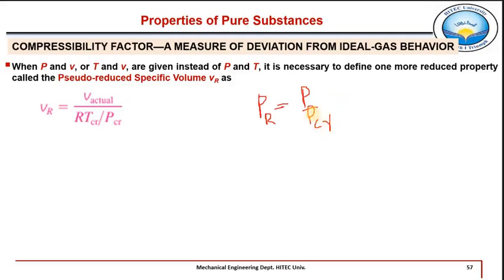Similarly for TR, it was T over T critical, and we can see these values, the P critical and also T critical, from the table. But for V critical, it is better to use this equation, R T critical over P critical, which is actually V critical.